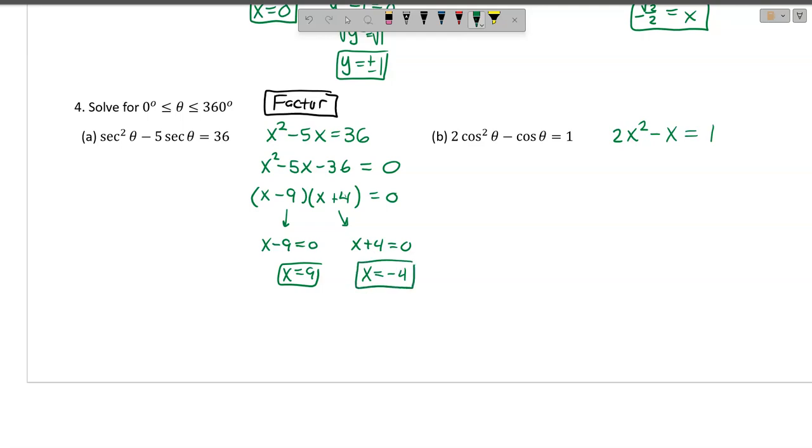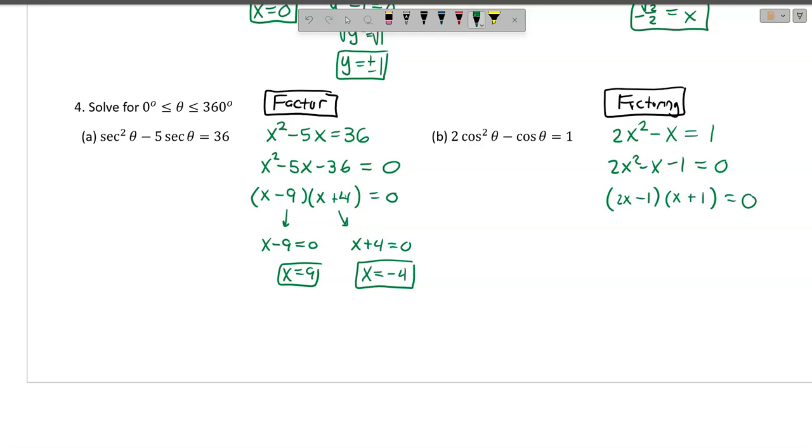In our last factoring problem, we use the exact same concept. We're going to move that 1 over to the other side, so we get 2x squared minus x minus 1 equals 0. This one's a little bit harder to factor only because that first value is a 2. But we're going to get 2x and x, 1 and 1. I believe we got to go minus and positive.